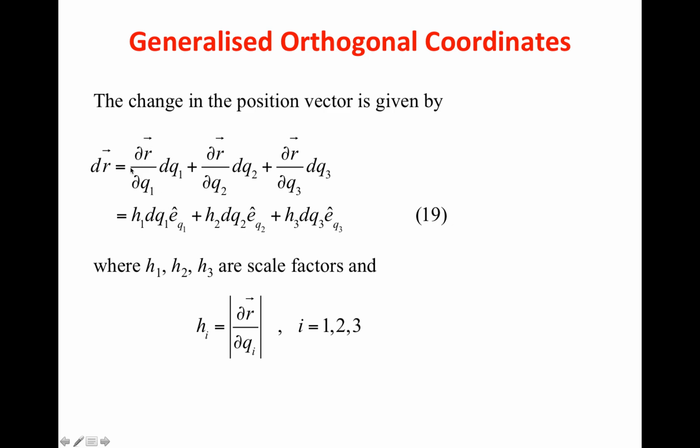So, my rate of change of the vector r with respect to q1 we are representing as h1 into eq1 cap. These h1, h2, h3 are called scale factors, and these are the magnitudes of the rate of change of the vector r with respect to the coordinates q1, q2 and q3. It becomes easier if I represent it like this with the scale factors that we have.